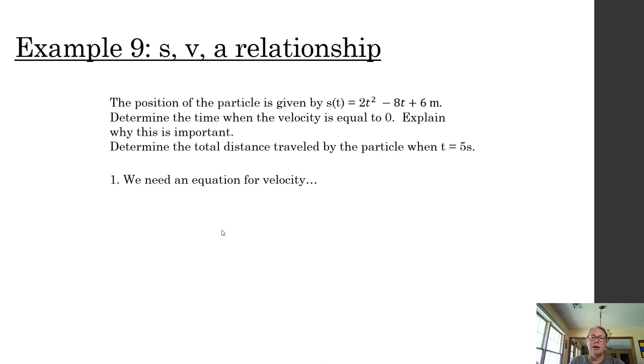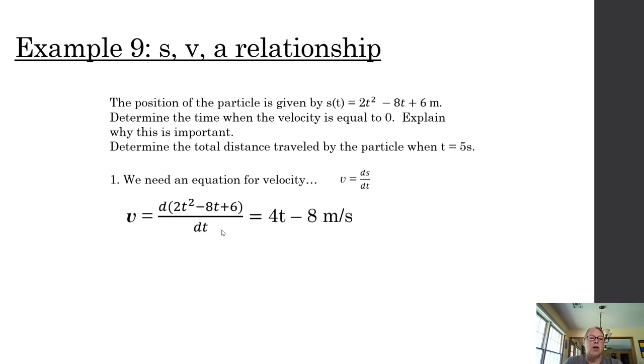We can only turn around, well, unless we're fancy drivers, I guess, but we can only turn around if my velocity comes to 0. So when I have a velocity equation, it's super important for me to know when velocity is 0, because I might, in this 10 seconds, have to go this way and then turn back around and go that way. So my total distance might be a lot larger than what I'm anticipating.